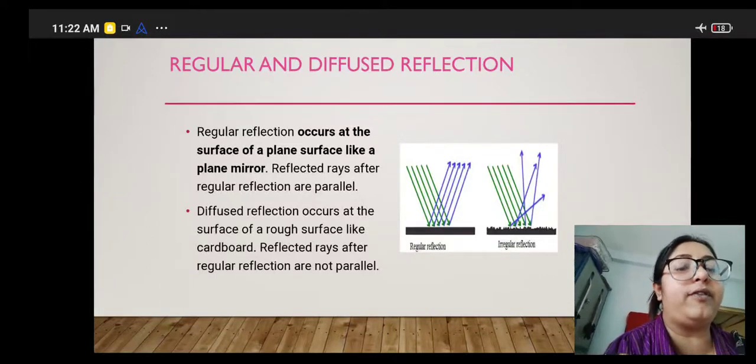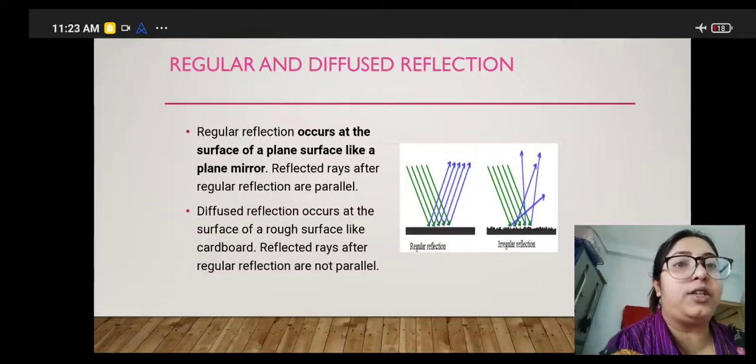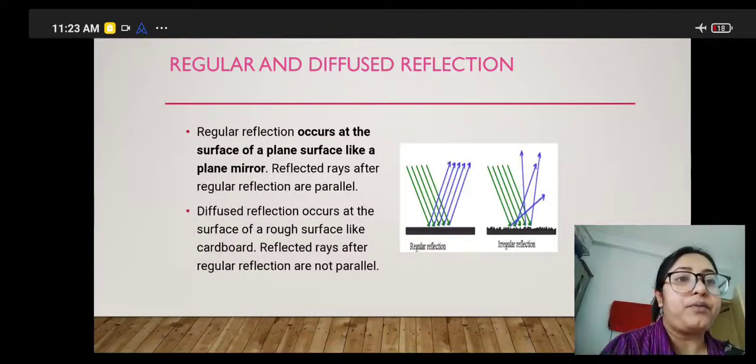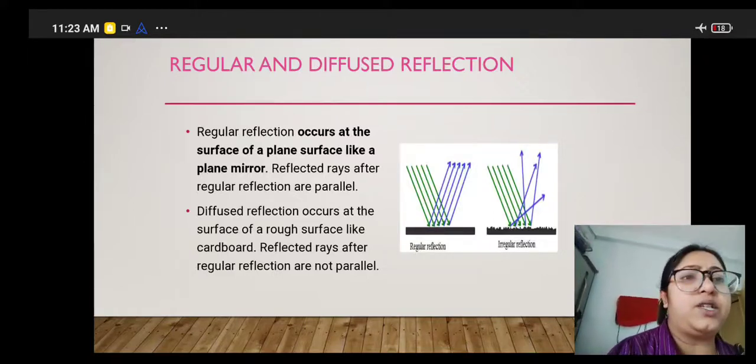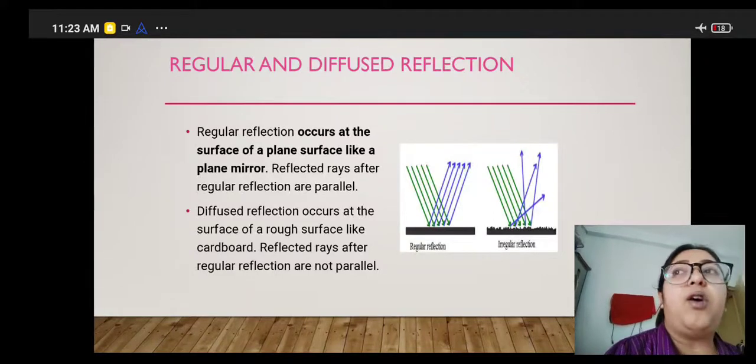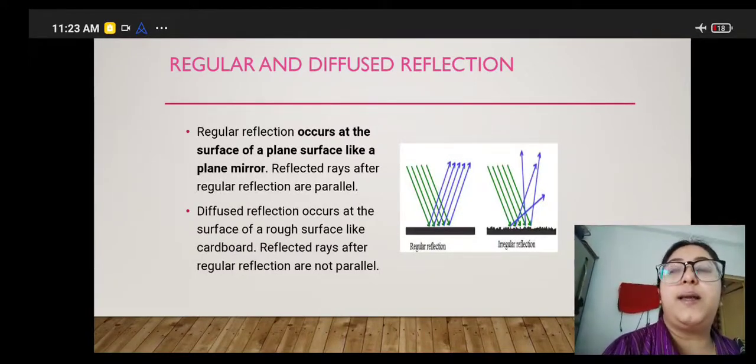Next, we'll go to diffused reflection. Diffused reflection means in which the angle of incidence is not equal to the angle of reflection. That is why you can see that the reflected rays are getting scattered away in any direction they like. This mainly occurs when the surface is not plane, where there are ridges in the surface, where the surface is completely rough.